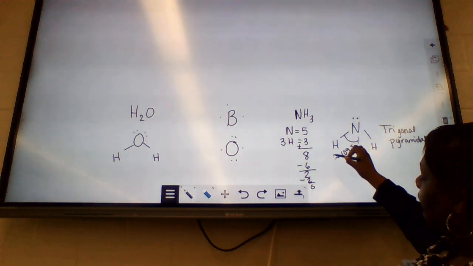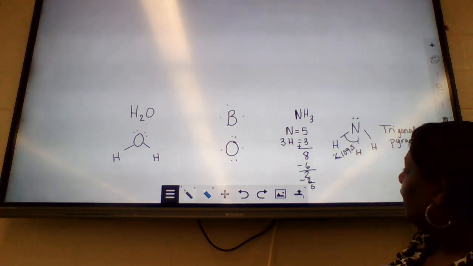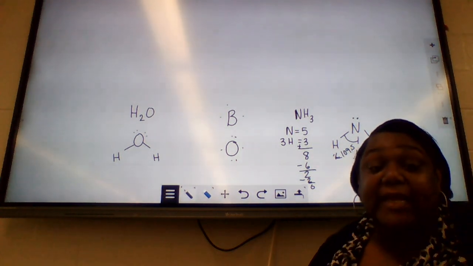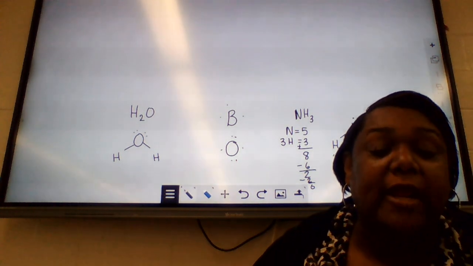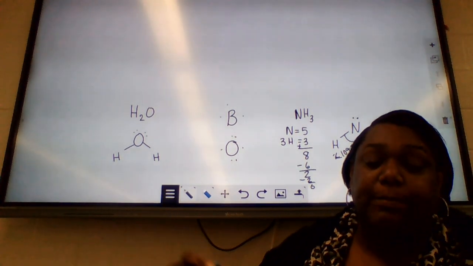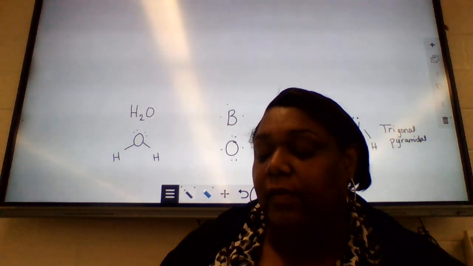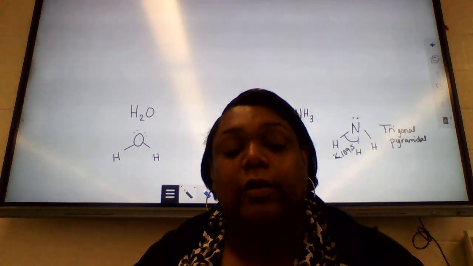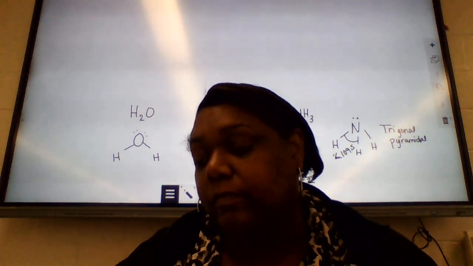So we want these to be less than 109.5. And again, that is because those lone pairs need more space than the bond pairs, and so they actually push the bond pairs closer together, which gives us that trigonal pyramidal orientation.